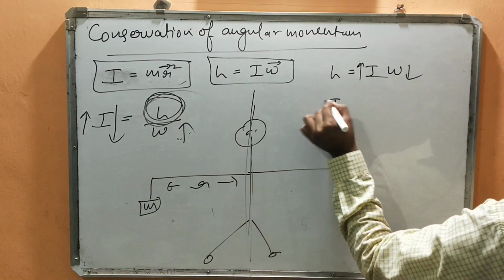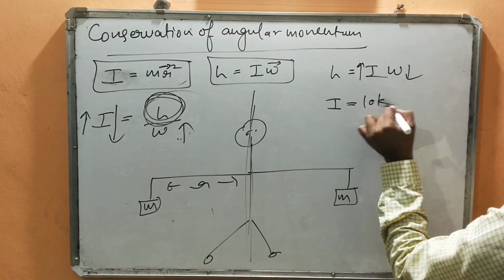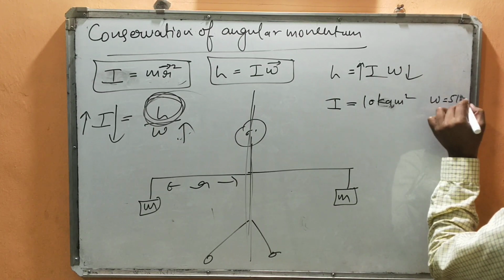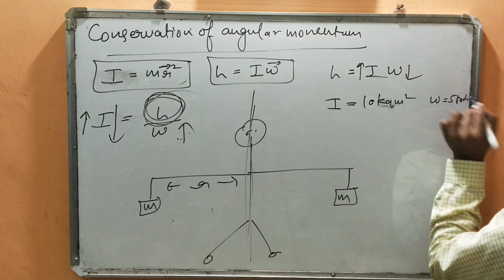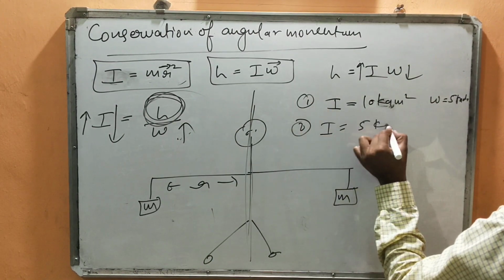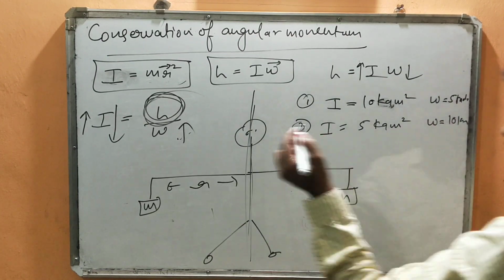Suppose in the first case, moment of inertia was 10 kilogram meter square. So omega will be what? 5 radian per second. In the second case, it will become 5 kilogram meter square. So omega will increase to 10 radian per second. So now apply in that formula.